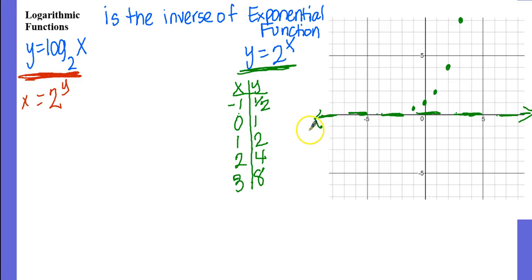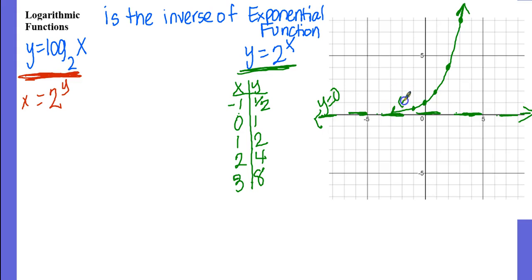Label it your horizontal asymptote. Let's label it with its equation. What's the equation of this line? Y equals 0. Good. All right, and let's draw our graph, your curve. Beautiful. And I'm going to ask you to do something we don't typically do because this is an illustration of inverses and I just want it to be so glaringly clear. I would like you to label all of these points.